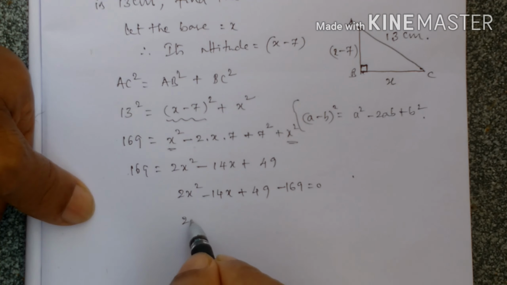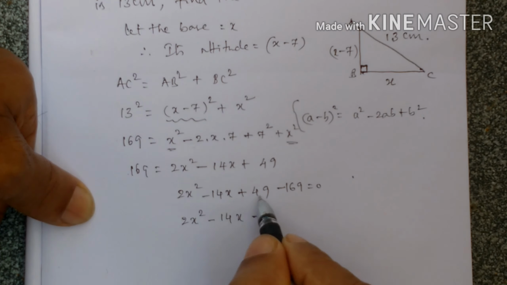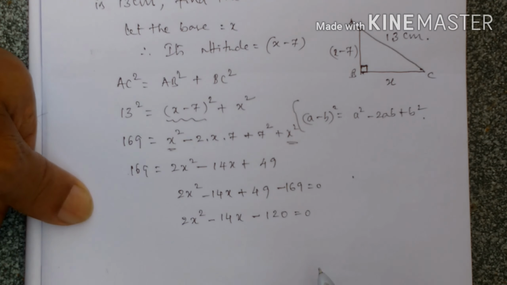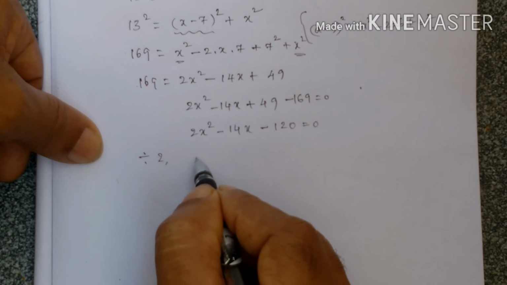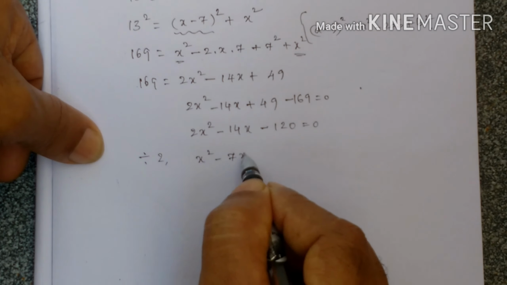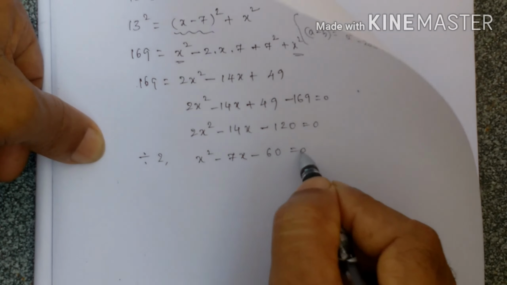If you keep on simplifying this, 2x square minus 14x minus 120 is equal to 0. Once again divisible by 2: x square minus 7x minus 60 is equal to 0.